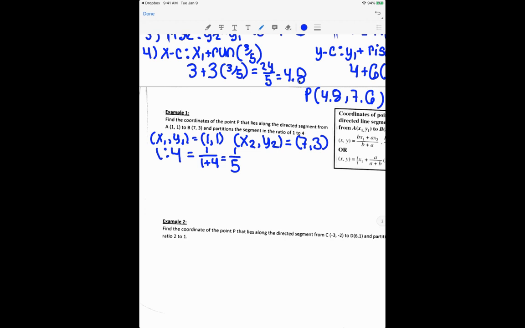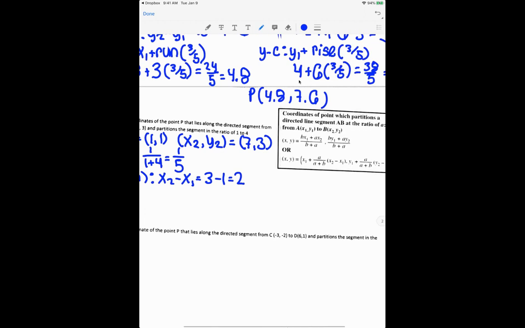Then we find the change in x. I'm going to do x first this time, which is our run. So to do that, we take x2 minus x1. So that would be 3 minus 1, which is 2. And then we find our change in y, or the rise.